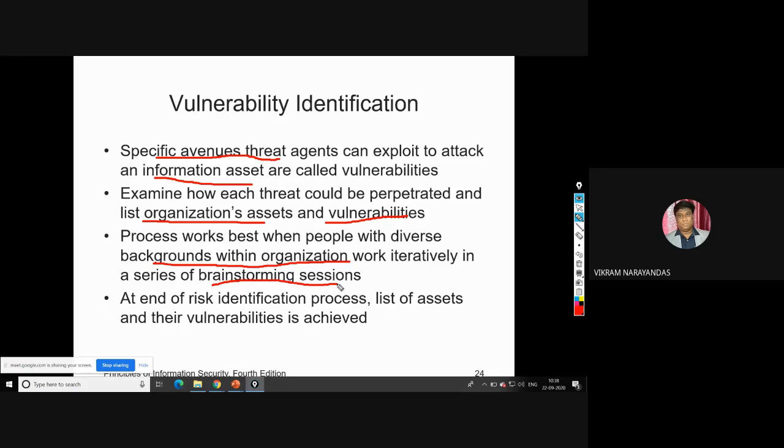So how to avoid these types of threats, control these types of threats for your organization, avoid these types of vulnerabilities. Some brainstorming sessions may be conducted. At the end of the risk identification process, a list of assets and their vulnerabilities is achieved. So you want to find the vulnerabilities here.